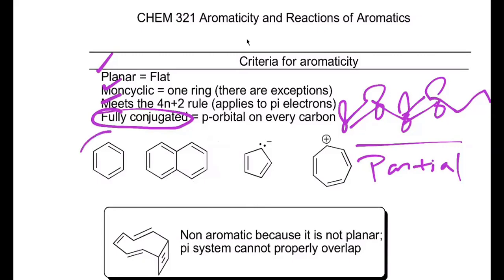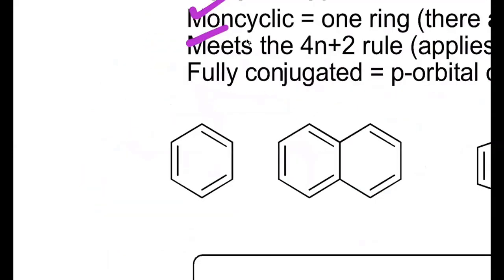Benzene is the perfect quintessential aromatic compound. All of the sigma bonds are the same length. All of the pi bonds are the same length. And if you notice, it meets all the criteria. It's a single ring, so it's monocyclic. It is fully conjugated. There's a p orbital on every carbon in here.